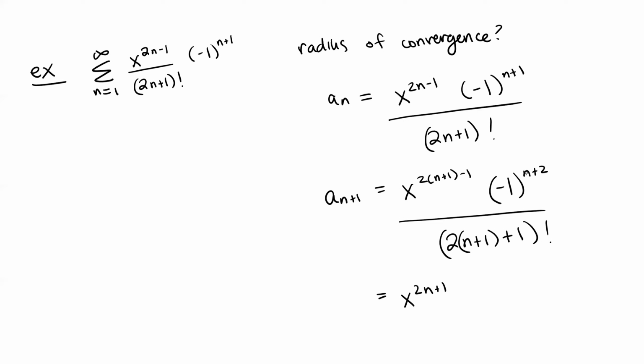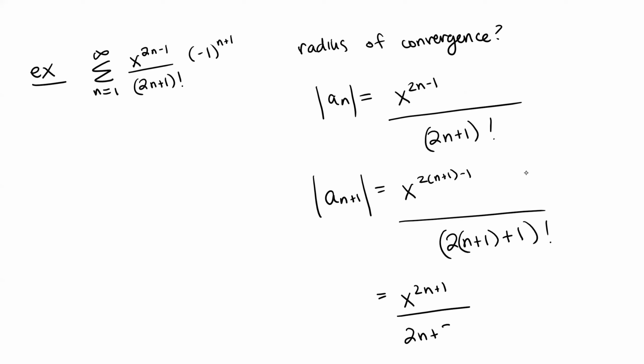So we've got x to the 2n plus 1. We've got this positive negative 1 thing going on, but really actually, let's just forget about that because this has absolute values anyway. Let's just throw the absolute values on right now. And then in our denominator, we have 2n plus 3 factorial.